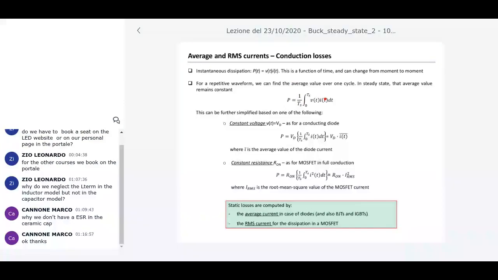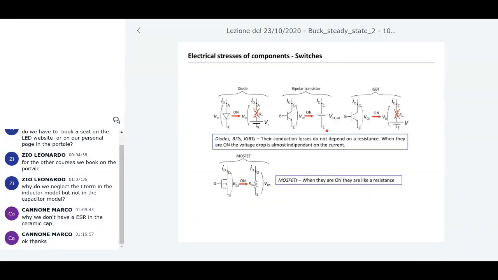So let's try to understand the average power dissipated in the on situation for these three kinds of switches, which when they are on can be approximated by a battery, and for a MOSFET, which when it is on can be approximated by the on resistance.